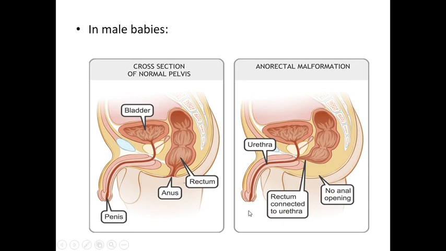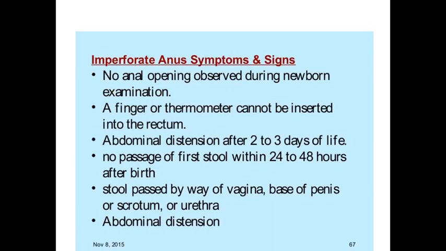So this is in case of imperforate anus with abnormal fistula formation. In imperforate anus without fistula formation, it's just when the anal opening is not present, and therefore the feces does not come out, but there is no abnormal connection of the anal canal with the organs in front.